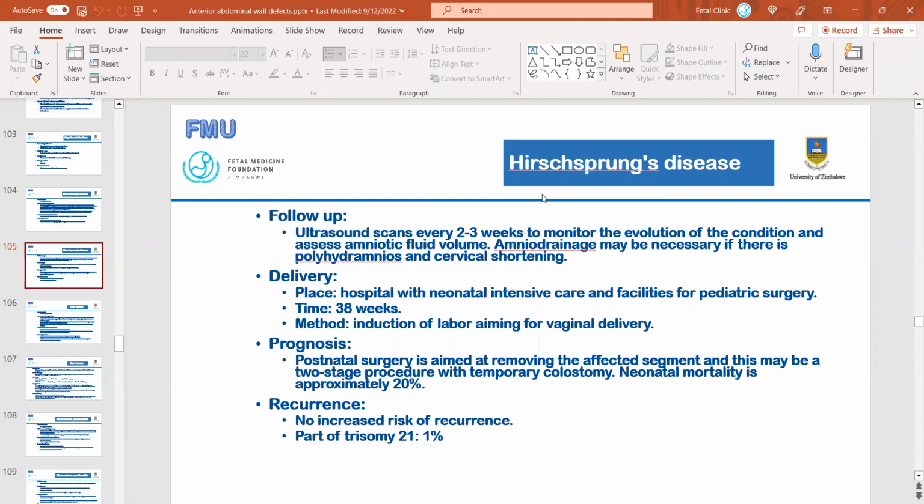There is no need for cesarean here unless there's an obstetric indication. Postnatal surgery is aimed at removing the affected segment, and this may be a two-stage procedure with temporary colostomy. Neonatal mortality is approximately 20%, with no increased risk of recurrence, and in cases of trisomy 21 it is 1%. Like I was telling you, whenever there's an underlying trisomy, the recurrence risk is 1%.